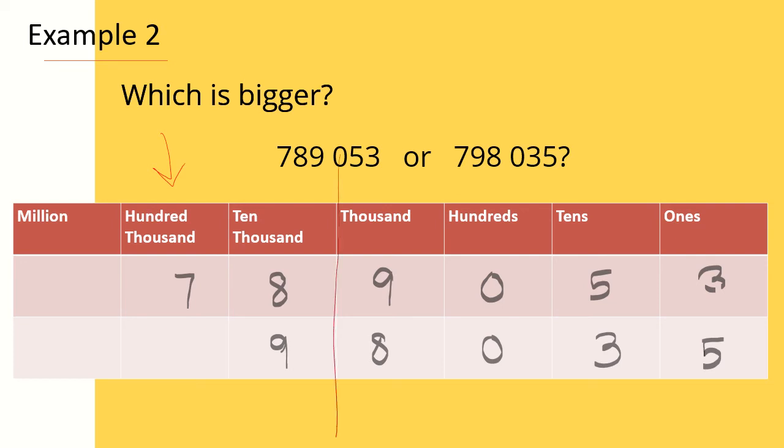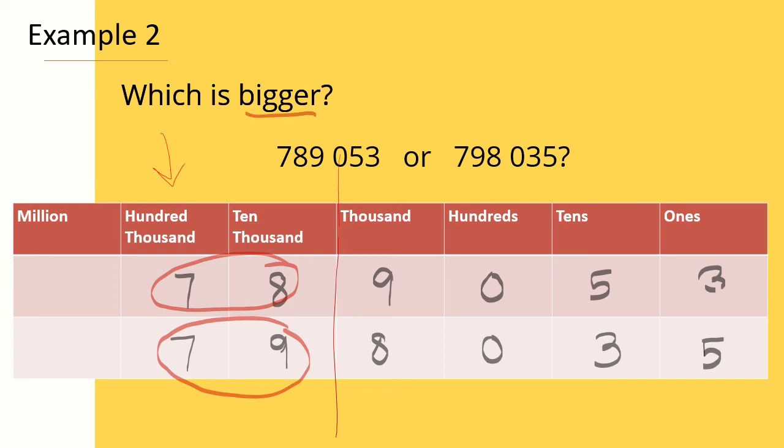Make a line next to 10,000. Oops, I think I accidentally erased the 7 over here. There we go. Right, so you're going to compare these two numbers together. So we have 78 and we have 79. So which is bigger? Obviously, it's 79.